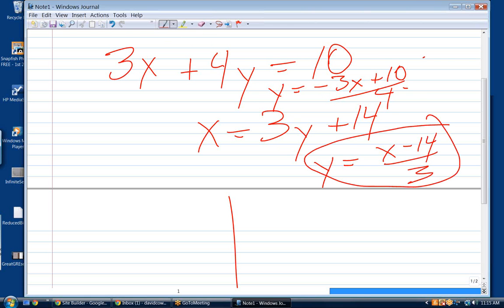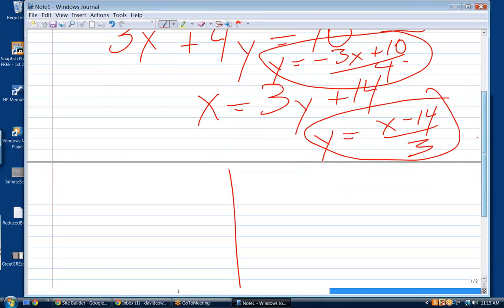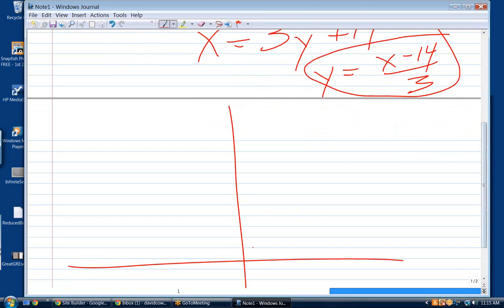So there's my two functions. Two equations, two unknowns. One way to solve them is to graph them. Well, this first equation has a y-intercept of 2.5. You see that, 10 over 4? And a slope of minus 3.